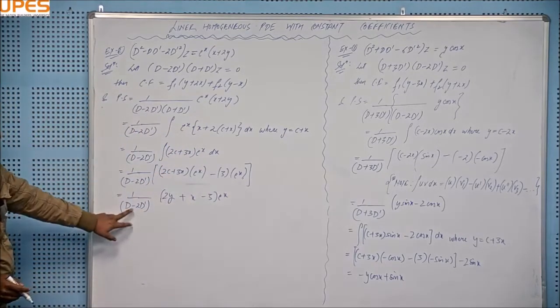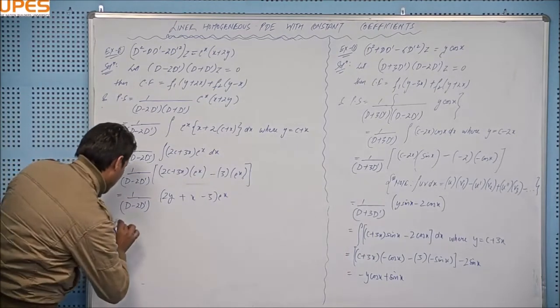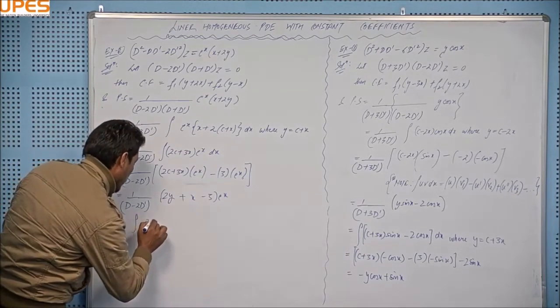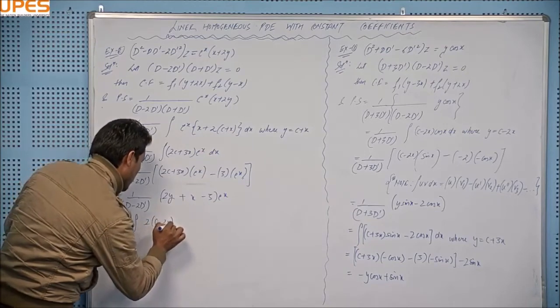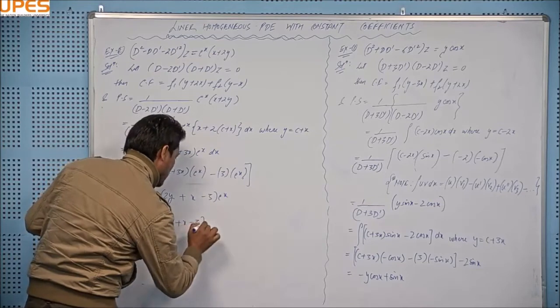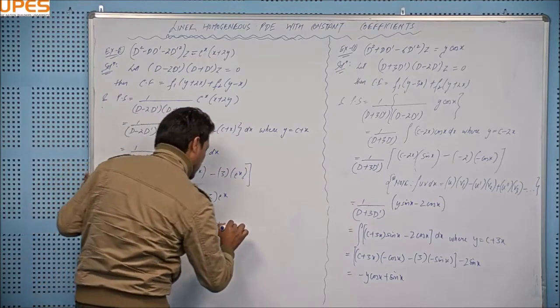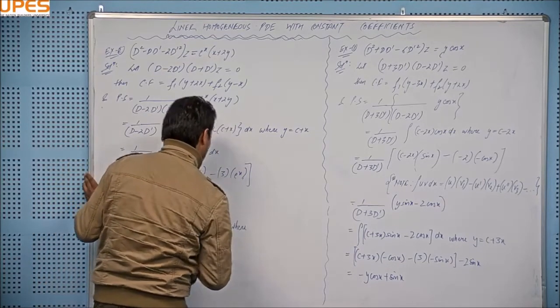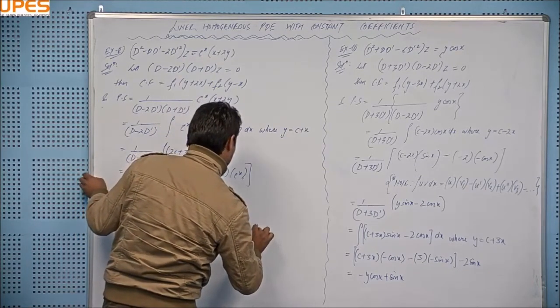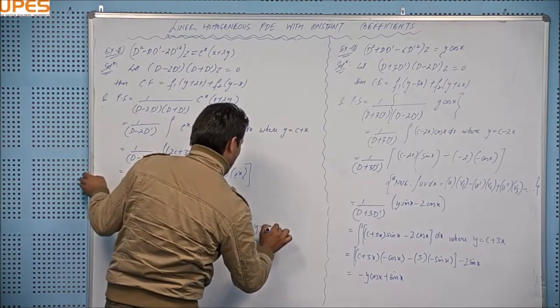Now applying this operator, integration, this time y will be replaced by 2 times c minus 2x plus x minus 3, and then multiplied with e to the power x dx, where y is equal to c minus 2x.